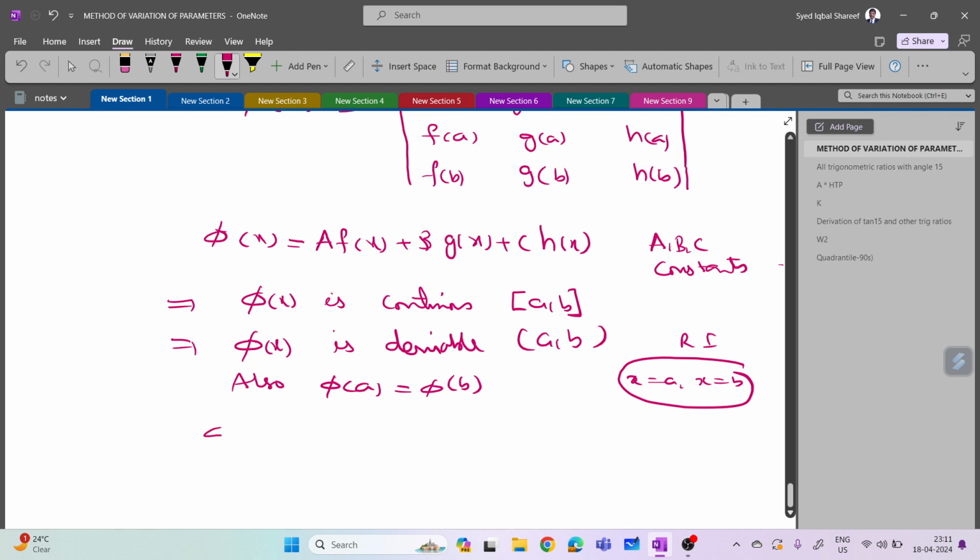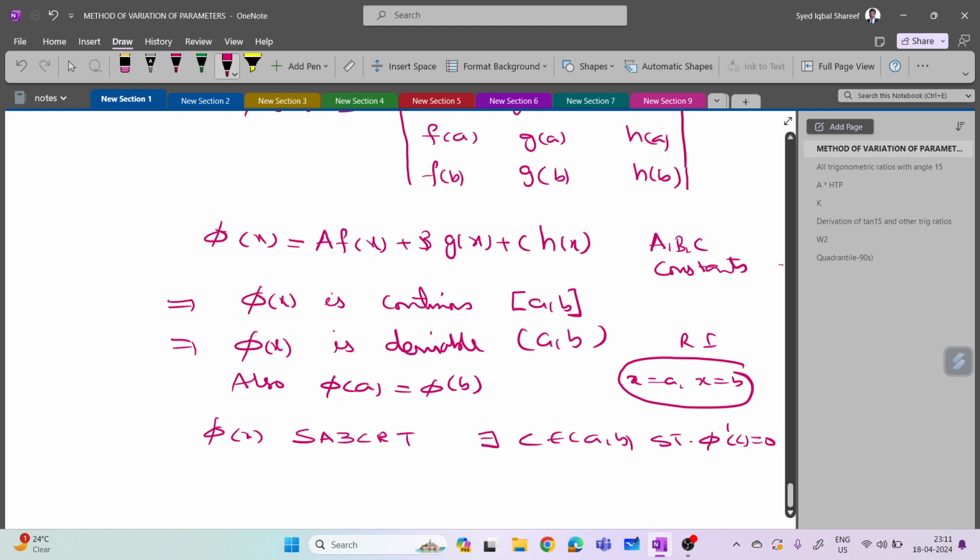That means phi of x satisfies all three conditions of Rolle's theorem. Therefore, there exists c belonging to the open interval (a, b) such that phi dash c equals 0.